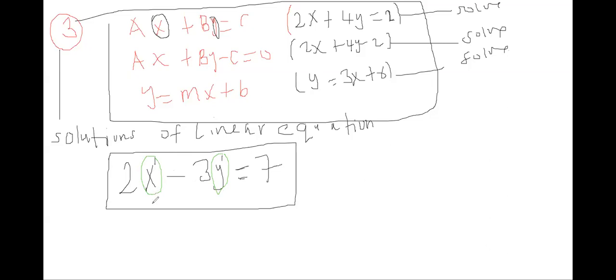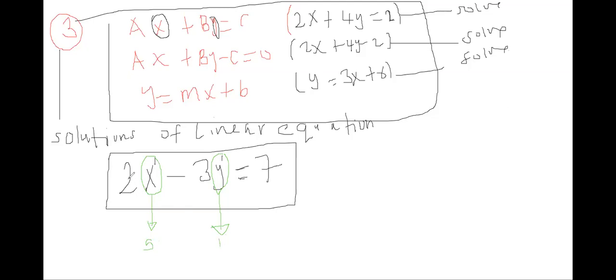I will give you these values, but in due course we will be able to find them. So the solution to this is x should be 5, and y should be 1.